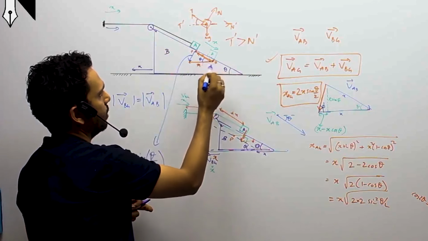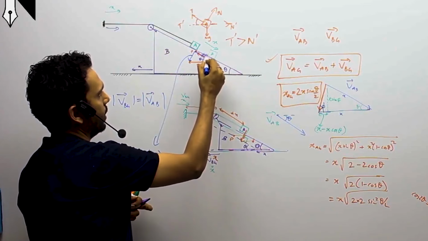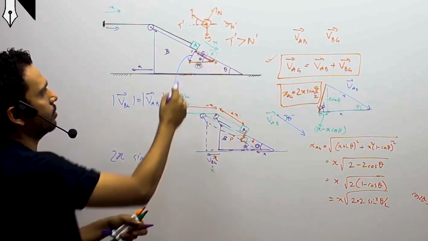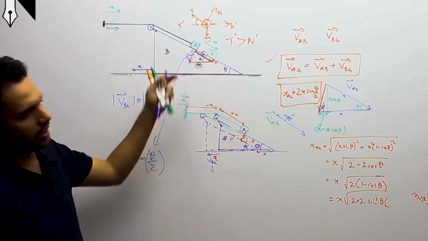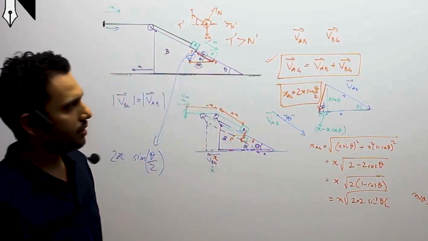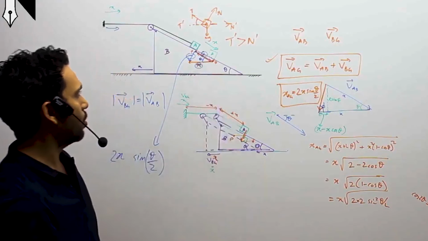This angle was your theta, so you did the vector. This was your x, and x is the key thing you figured out, with angle theta. So finding this is not a big deal. You can apply the cos rule over there and still get the answer. What's the cos rule?